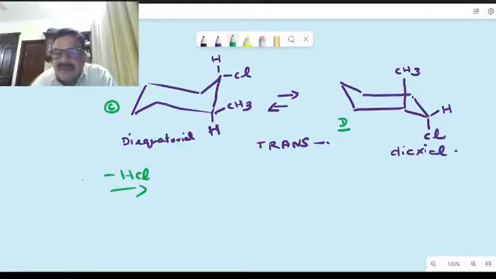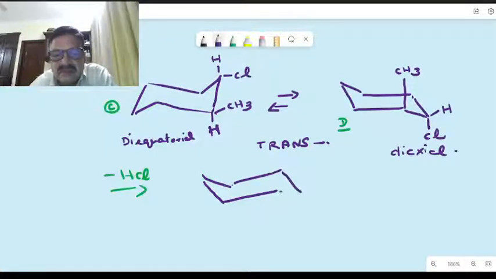Okay, so the product being formed will be, so this methyl group is here. Here, this is the double bond. This is the alkene being formed here.